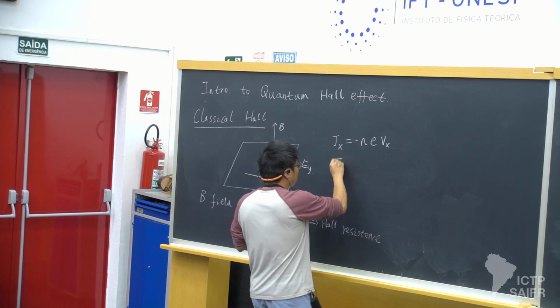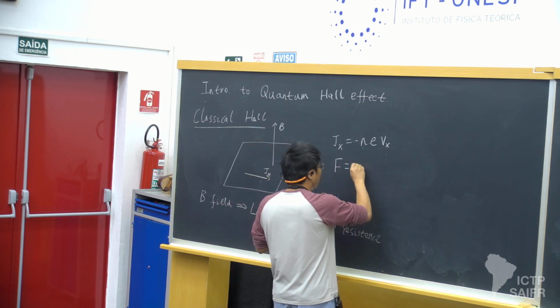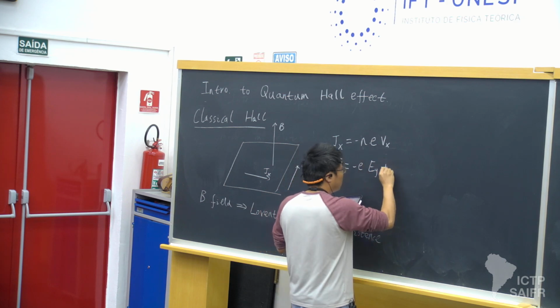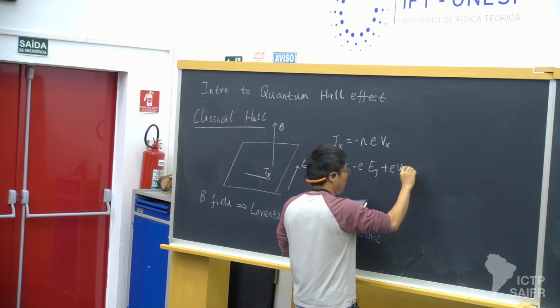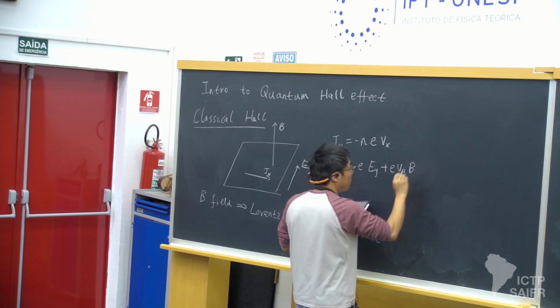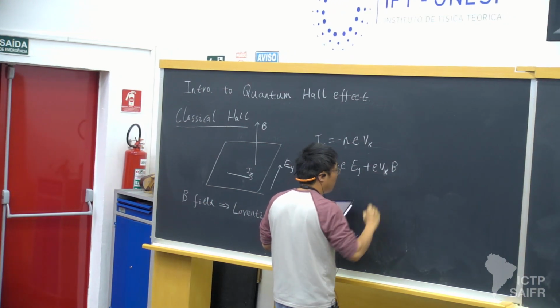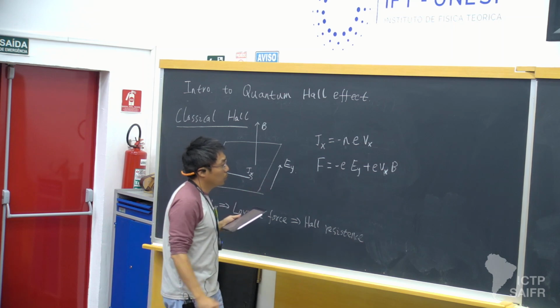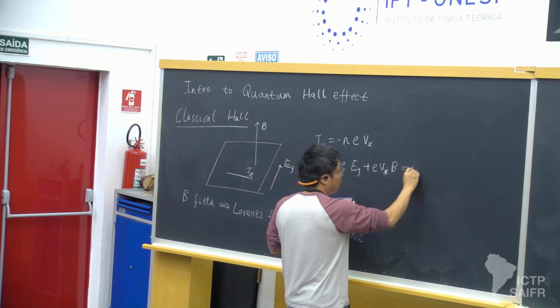The force will be minus e times Ey plus my Lorentz force, e times Vx times B. In order to have this current, this force needs to go to 0.